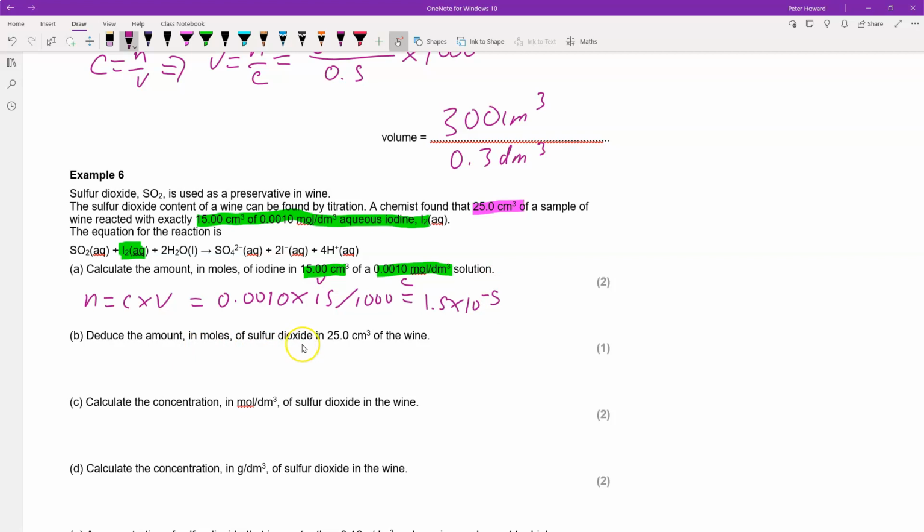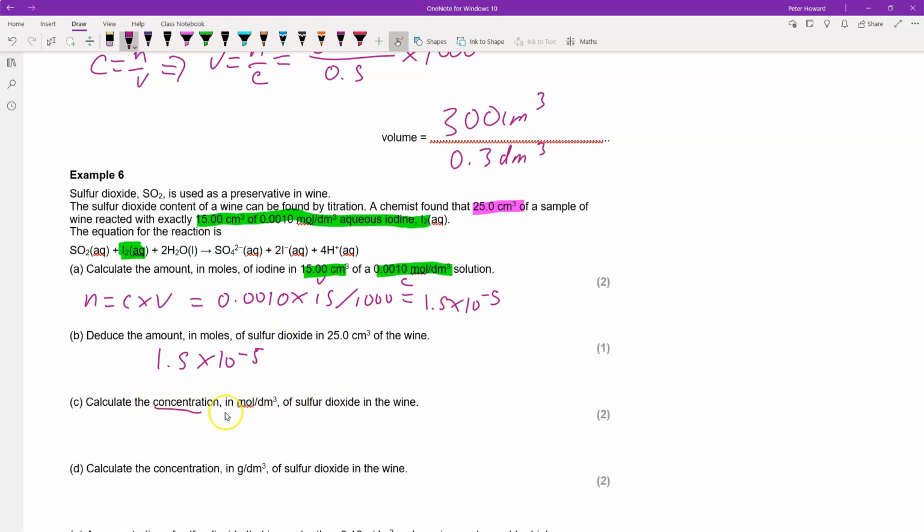Now, how many moles of sulfur dioxide are present? If we look at the equation, if we have this many moles of iodine, the same number of sulfur dioxide would have reacted. So 1.5 times 10 to the minus 5.